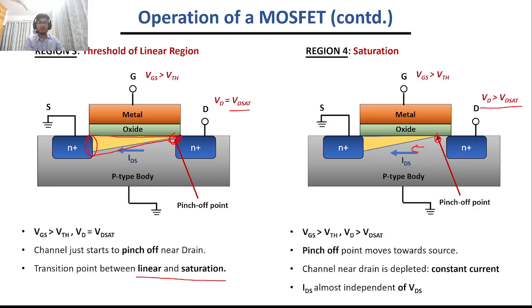This is because the electrons can jump through this gap because of the existing electric field that drives the electrons. So now in this region the current becomes constant because increasing VDS won't increase IDS anymore. So this is the saturation region.